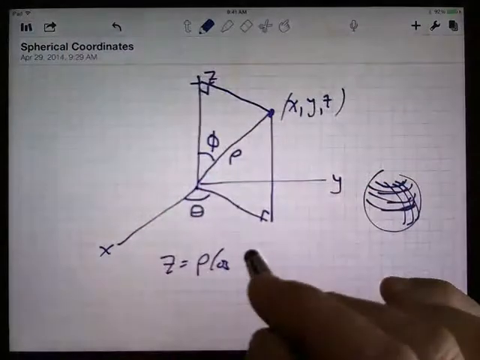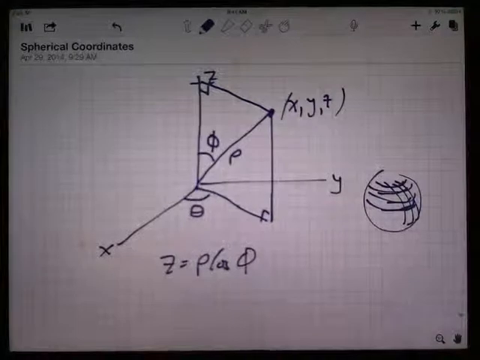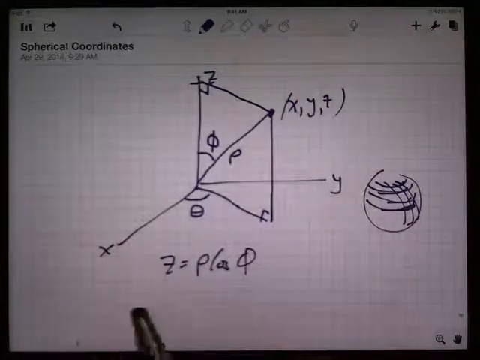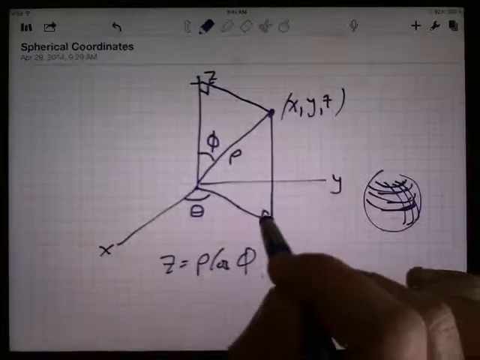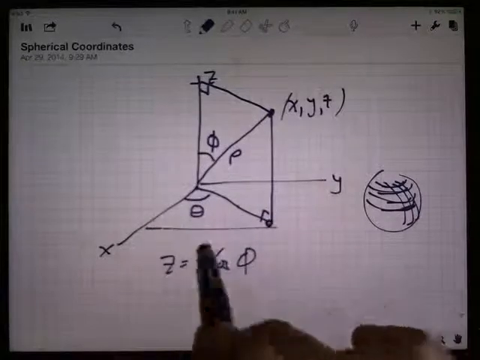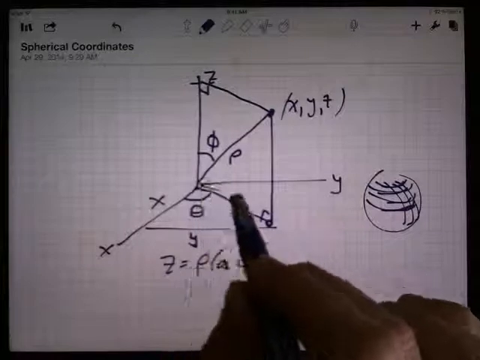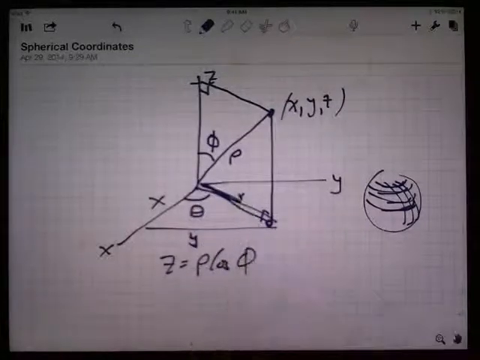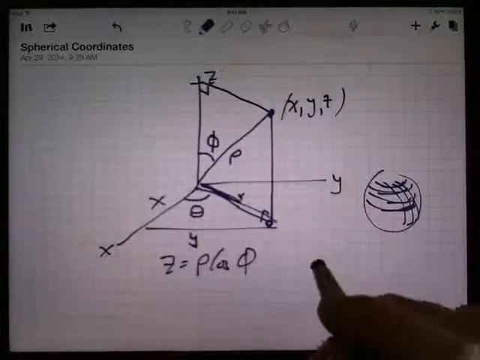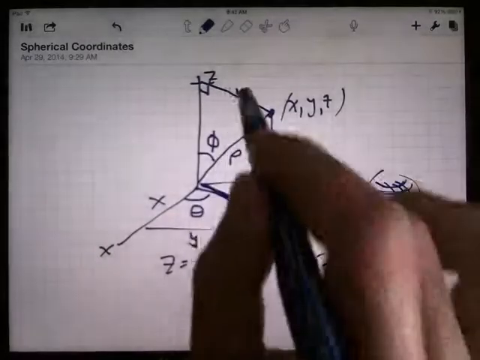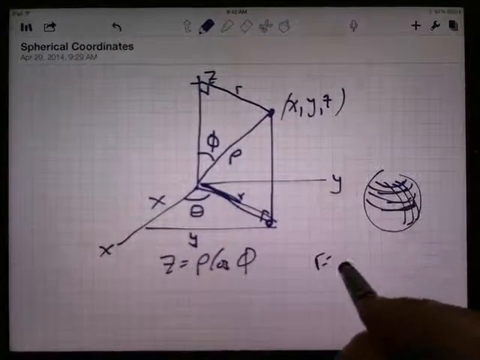Not rho times cosine of rho, rho times the cosine of phi. There we go. Now I'm going to see if I can get the x and y coordinates, and I see the x and y coordinates down here. So what I need to know is what this length is. This is what we were calling r before. Well, r looks like rho sine phi.